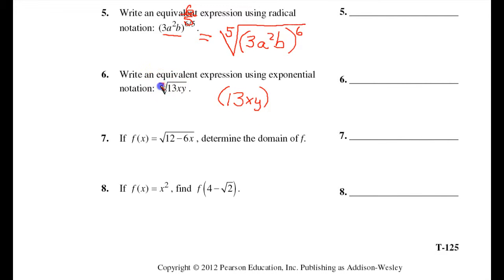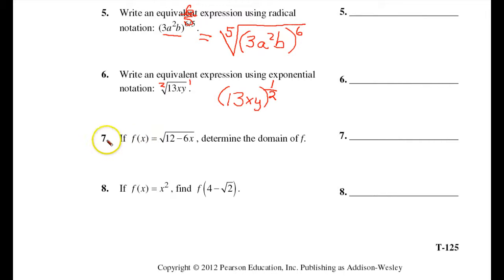Now our index number is 2 that we don't write, and the exponent to which this is raised is 1 that we don't write either. So our exponent becomes our numerator. Our index number is our denominator. And there it is in exponential notation.